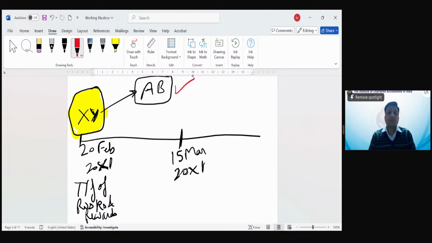Number two, if let's suppose after 20th of Feb, till the time the goods are not dispatched, if there is any damage, if there is any loss to these goods, then whose responsibility will that be? Will it be of AB or XY? The responsibility will be of AB.